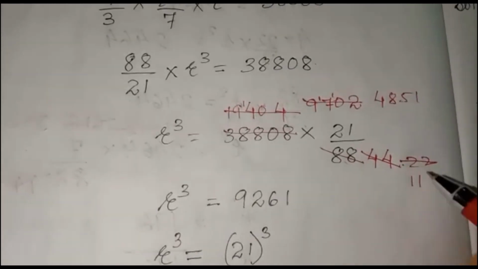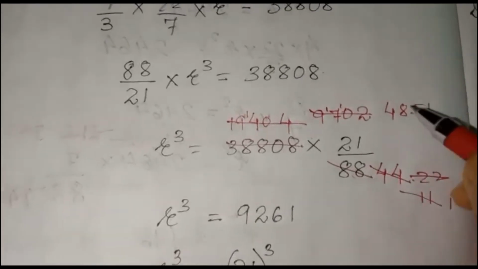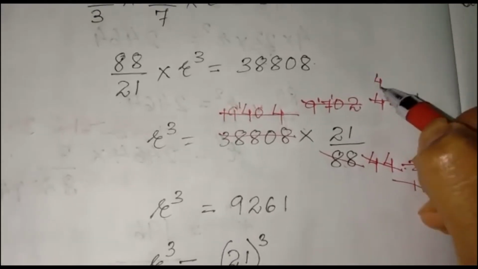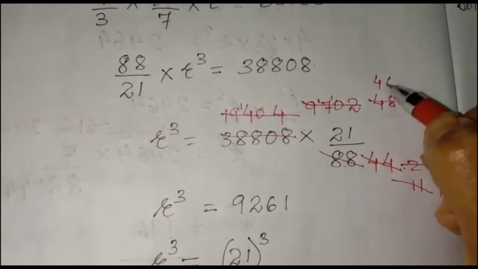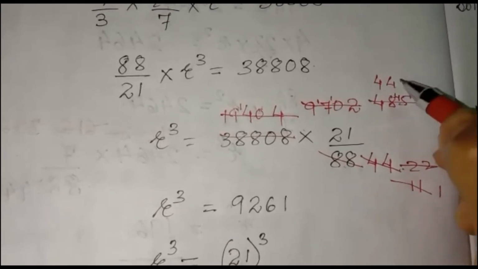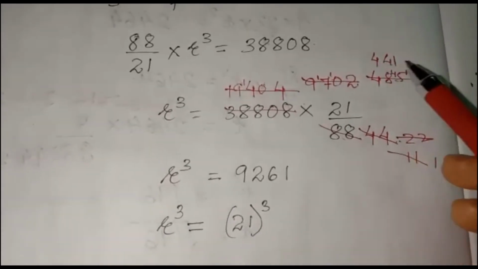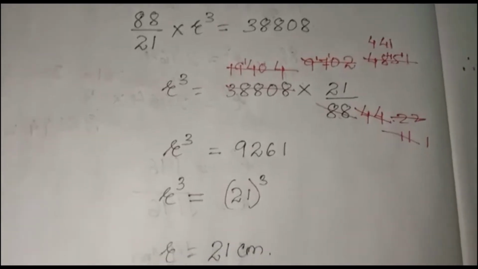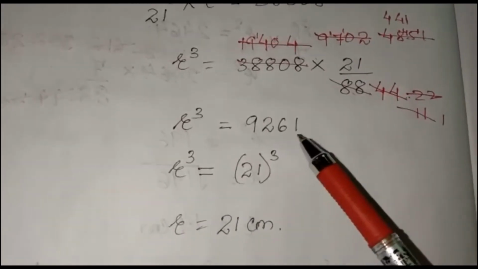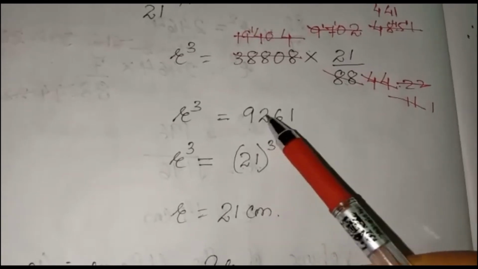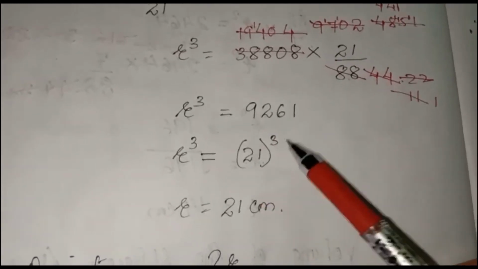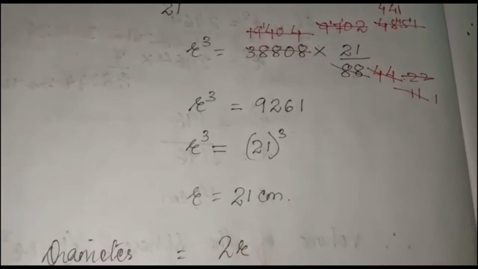Then we can cancel with 11, 11 4s are 44, remainder is 1, 11 1s are 11. So 441 into 21 is 9,261, which is cube of 21. So 9261 is 21 cube. So r is 21 centimeter.